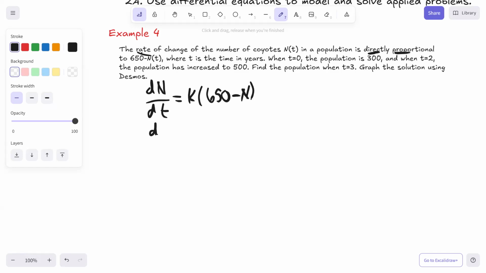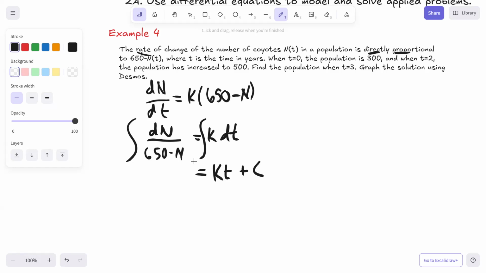So we would have dN over 650 minus N equals k dt. And then we could integrate each side. The right side is with respect to t, and k is understood to be a constant, so that would be kt plus c.